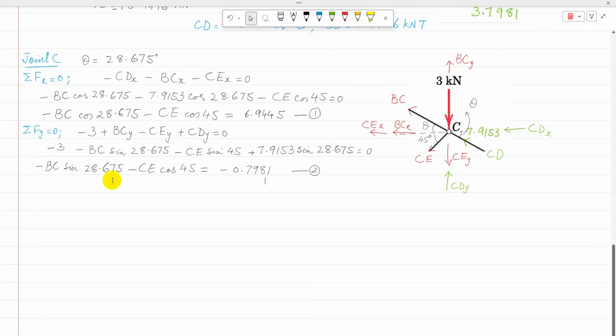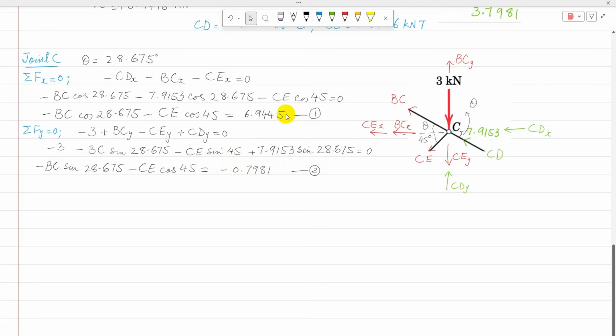BCY is BC sine 28.675, CEY is CE sine 45, and CDY is 7.9153 into sine 28.675. So now I can rewrite it as BC sine minus CE sine, and minus 3, and all that term when added and taken to the other side will become minus 0.7981. So now these are two simultaneous equations.